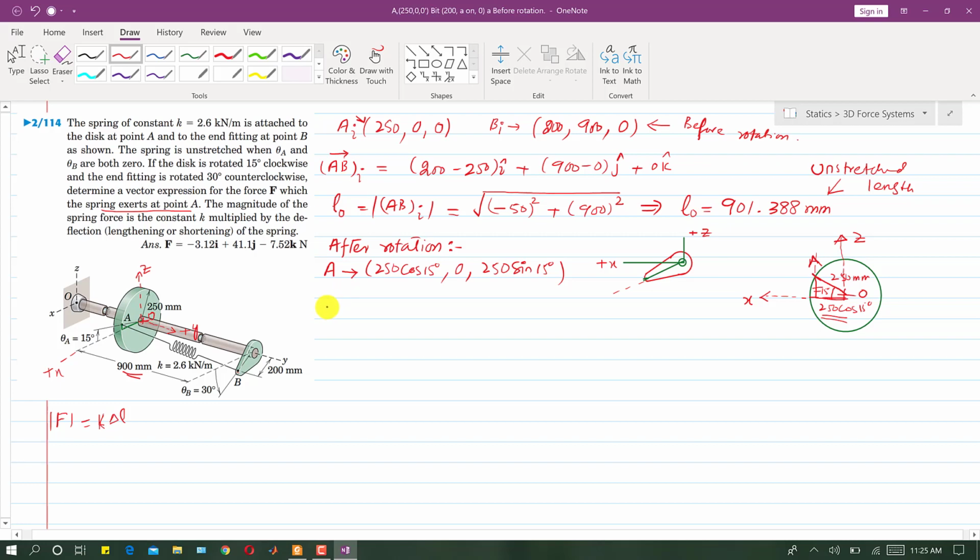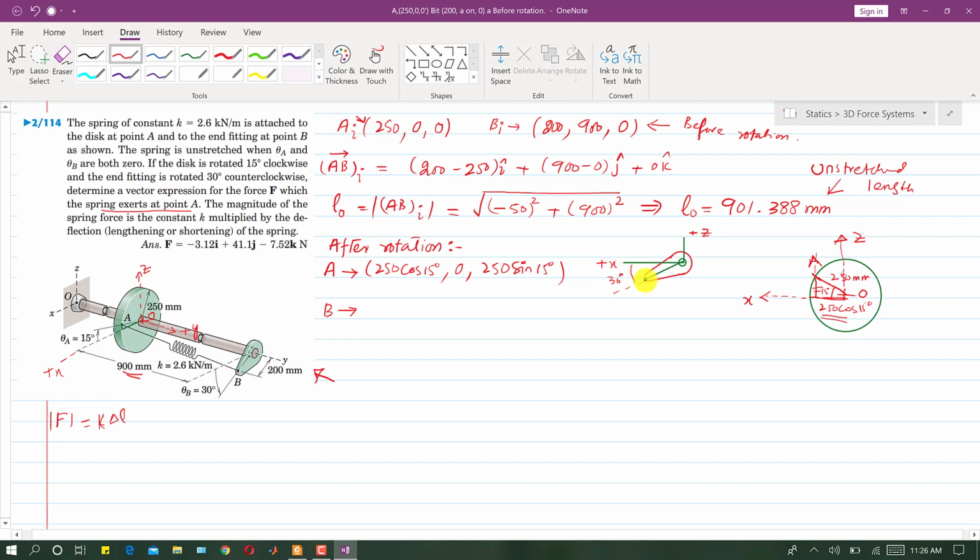Now to find the coordinates of point B after rotation, let's consider this figure. It is the front view, and this is a cam profile. We see it like this, with this as the positive x-axis and this as the positive z-axis. This angle is theta b, which is 30 degrees, right?